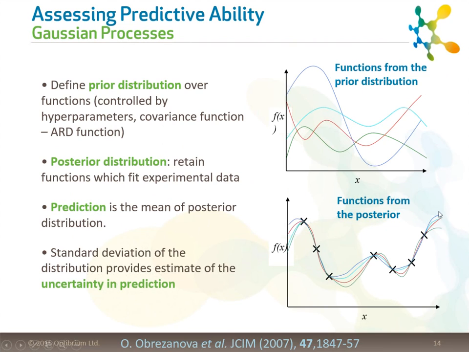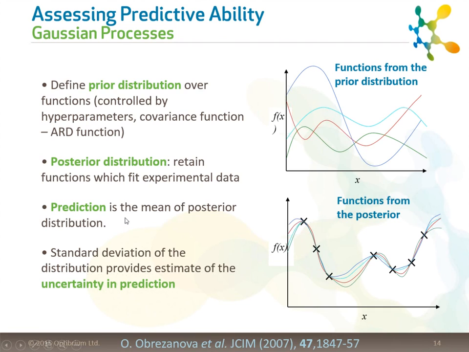Essentially, it retains the functions which explain or fit that experimental data. And so you can see here a variety of different functions, each of which have a reasonably explanatory power for these experimental points shown as x's. But you can see areas where you have more confidence in a prediction and areas that are less well represented by that data that we use to train the model, and hence where the uncertainty is higher.